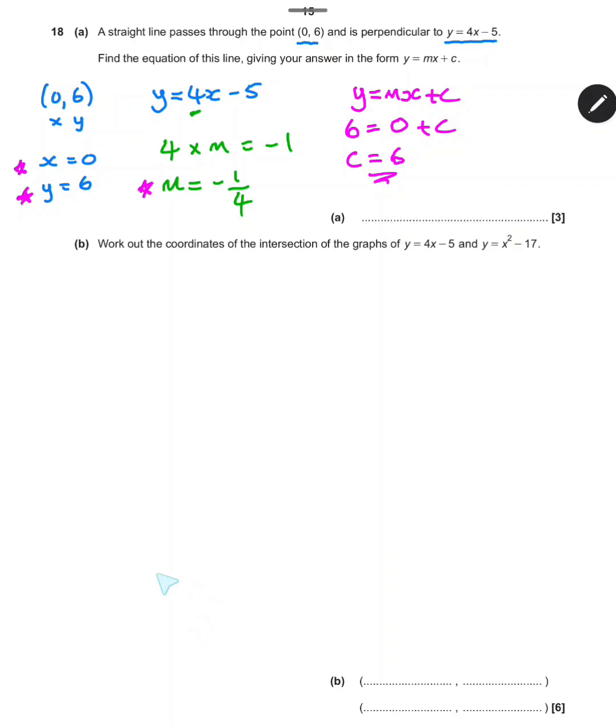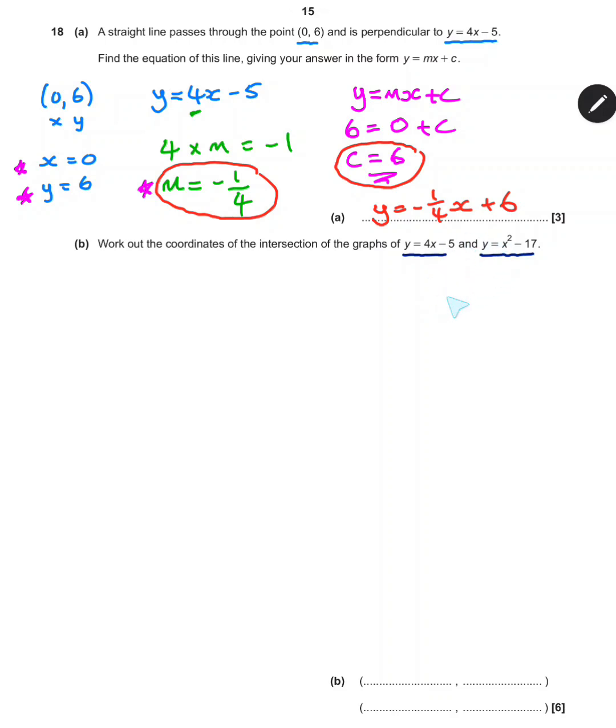Now we've got our c, and we know what m is. They're the two things you need to write the equation of a straight line. You're going to write y equals -1/4 x plus 6.